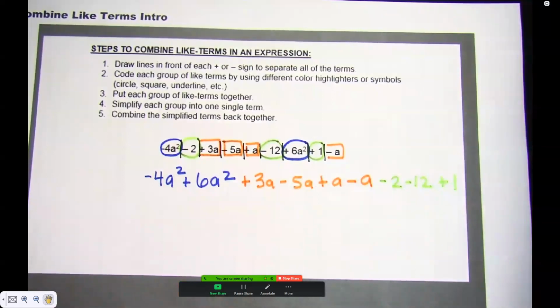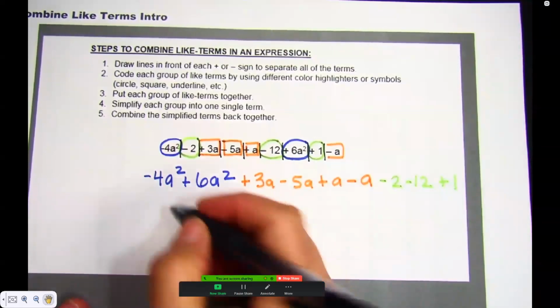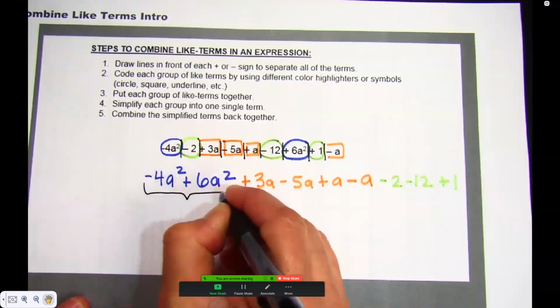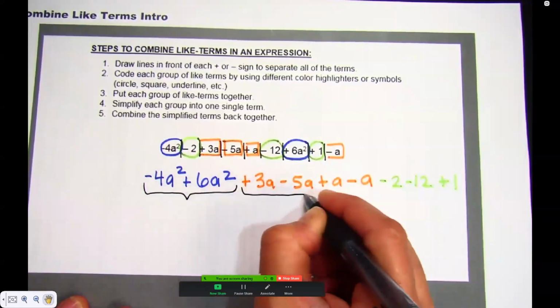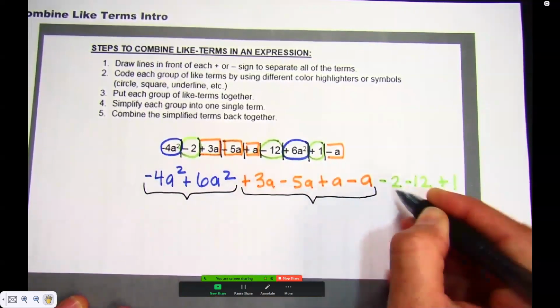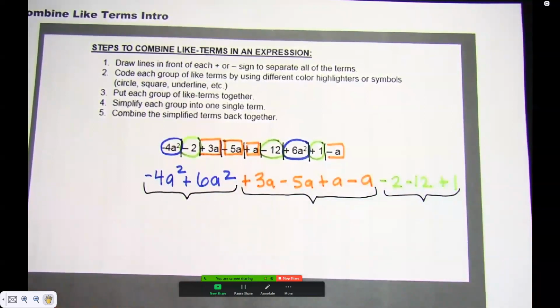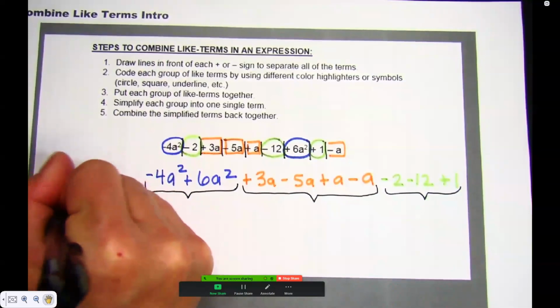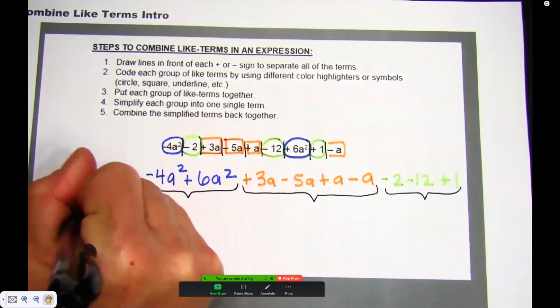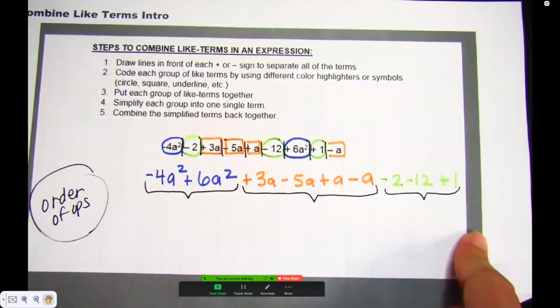All right. So what we're going to do now is we're just going to combine according to the groups that I have formed. And remember, order of operations matters. We're just going to work this like we read a sentence from left to right.